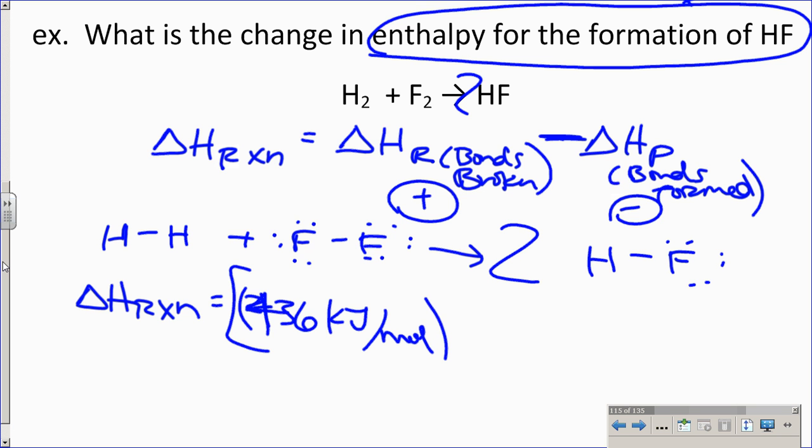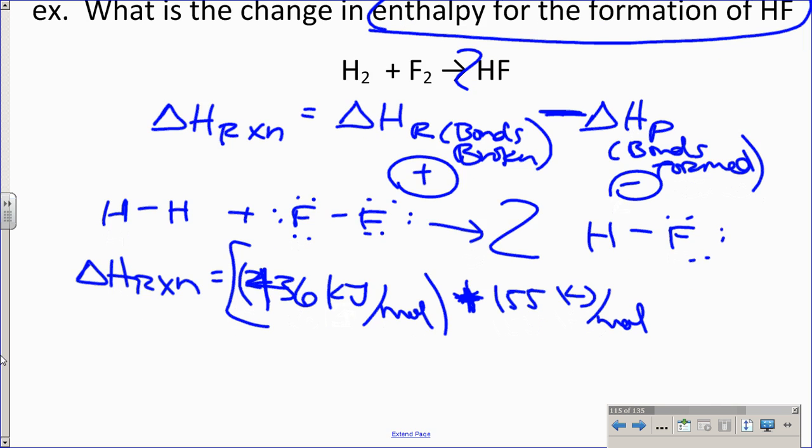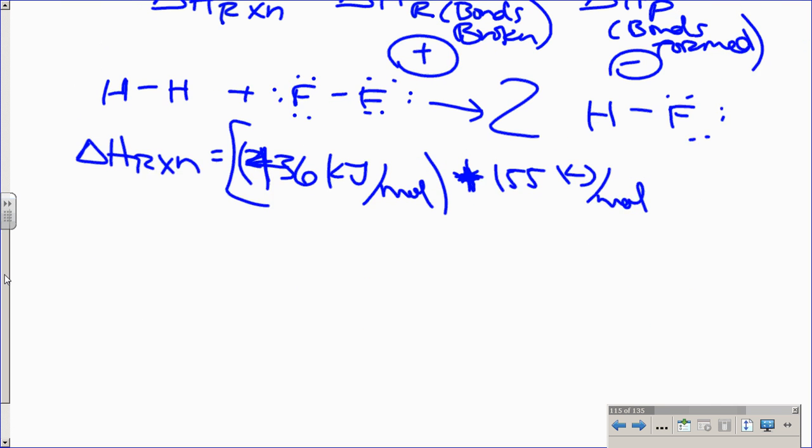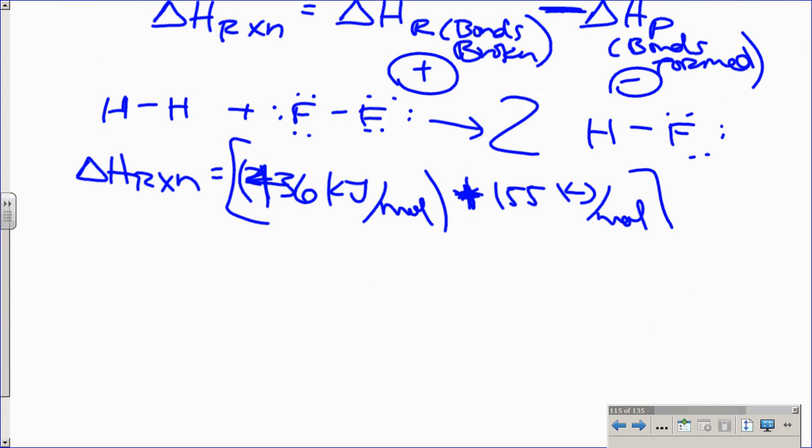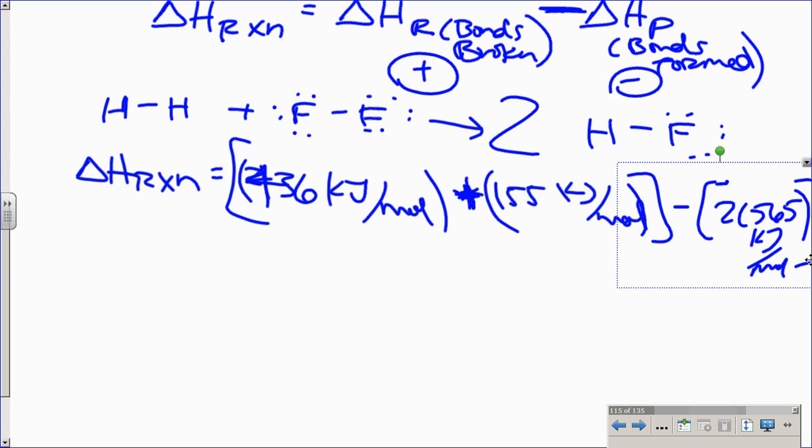Okay, so that's one of the reactants, plus 155 kilojoules per mole for the other one. That's a plus, I'm sorry. Minus 2 times 565 kilojoules per mole for the 2 HF bonds.